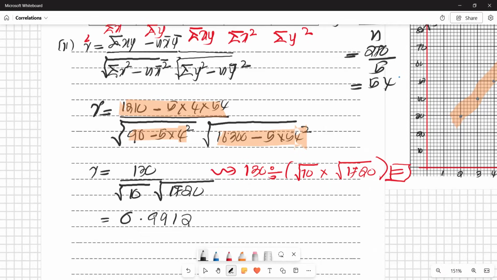Sometimes I may get an error, but the procedure is correct, right?